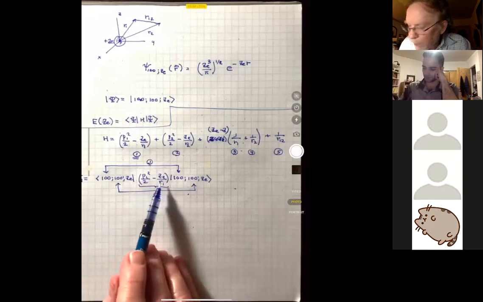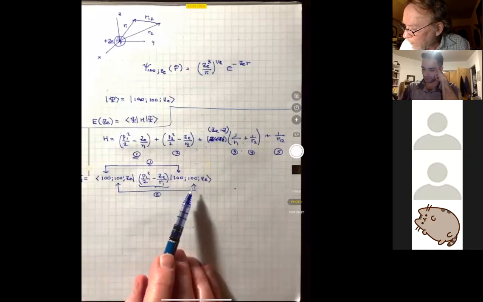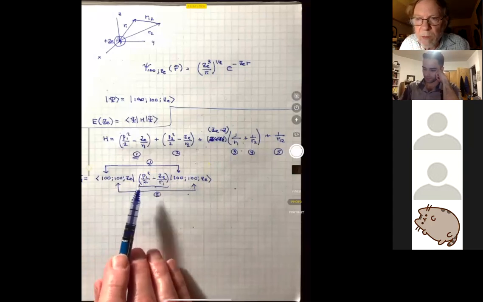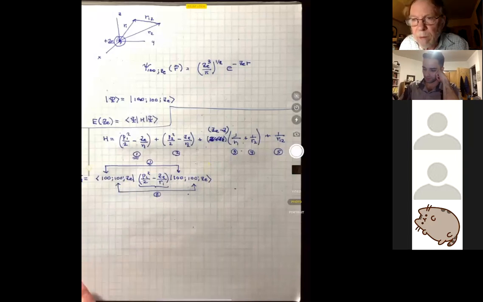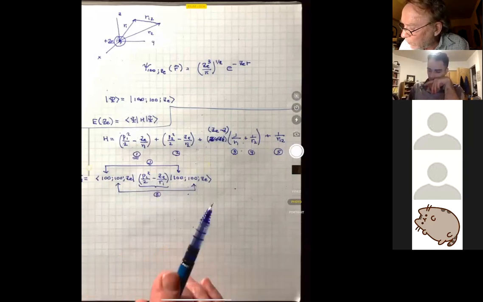Now the operator in the middle, depending only on the coordinates of particle 1, doesn't affect the variables for particle 2. So for the bra and the ket for particle 2, this operator in the middle is just transparent. And those two combine together by orthonormality just to give you 1. And the result is you end up with a matrix element involving only the coordinates of particle 1.